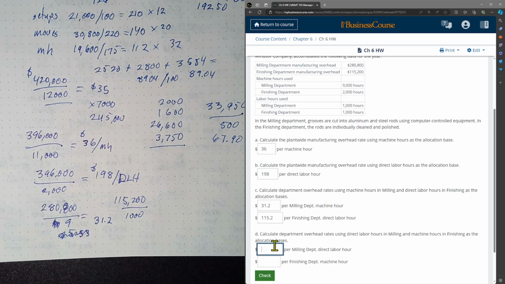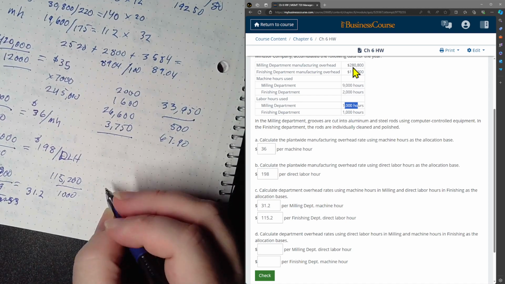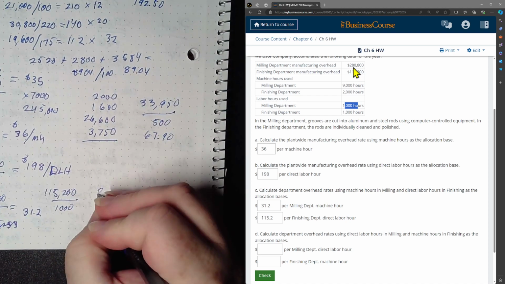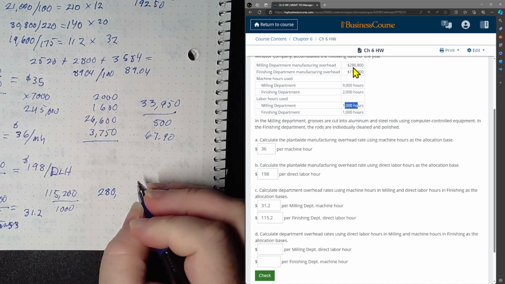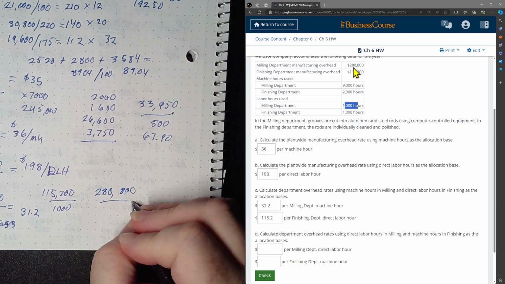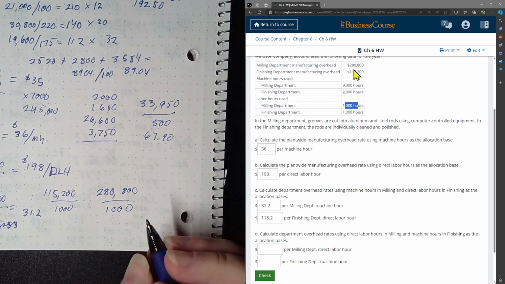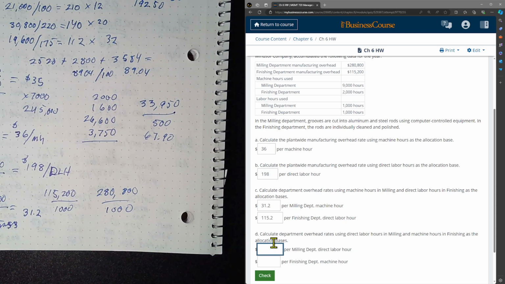115.2. If we do it the other way, we're going to do direct labor hours for milling. They had 1,000 direct labor hours in milling. So that's going to be 280,800 divided by 1,000, or 280 and 80 cents.